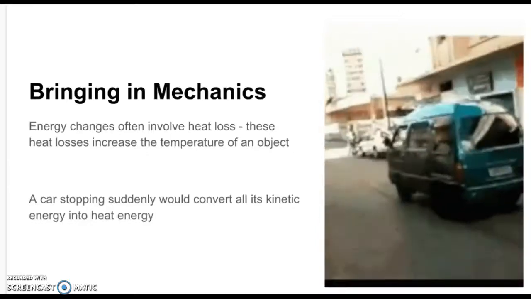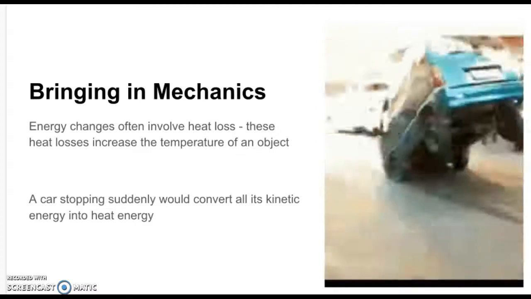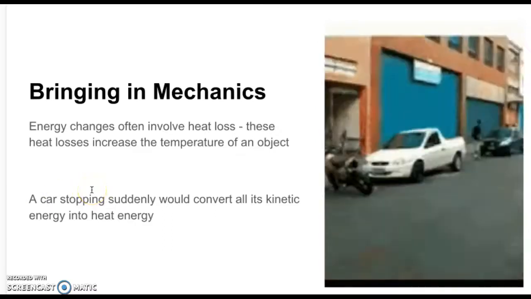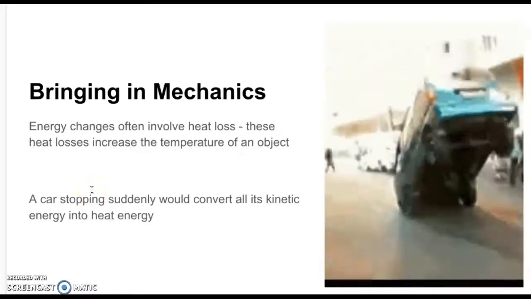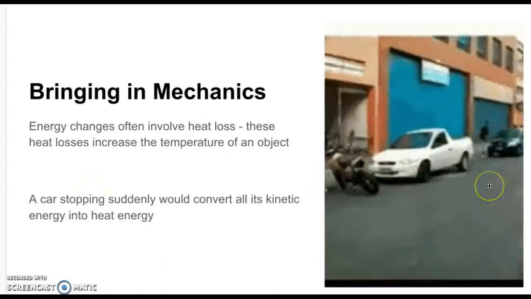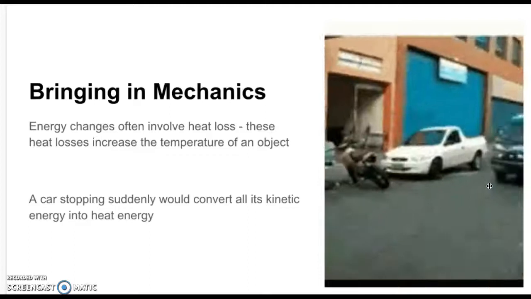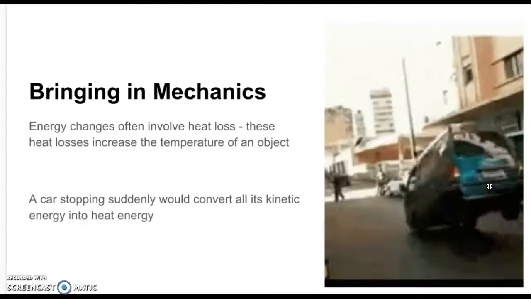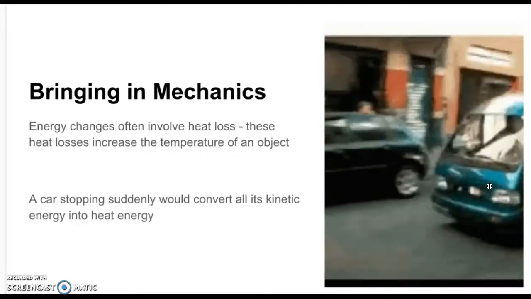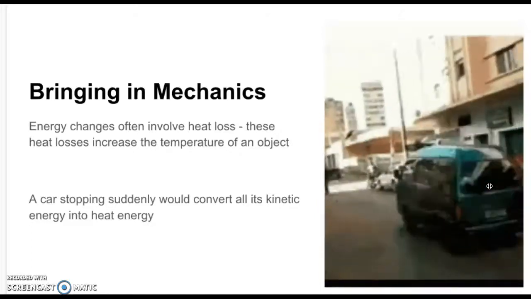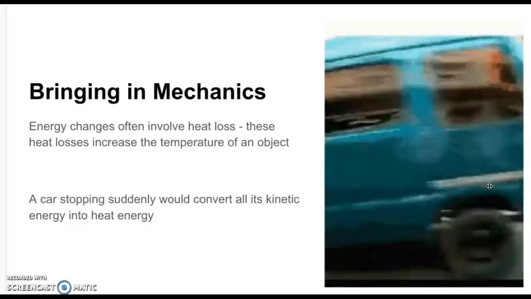So we can apply specific heat capacity to this in order to work out what the temperature of the object is. So this car here, for example, has stopped rather suddenly. All of that kinetic energy has been converted into heat energy, and you might find bits of this car have gotten very hot.